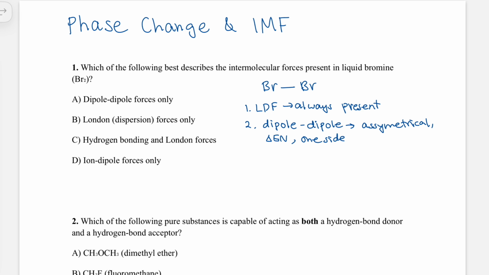This creates a partial positive or negative charge, which you may have seen as a delta minus or a delta plus. It's these partial charges that are the forces that occur between molecules, and this happens with polar molecules.